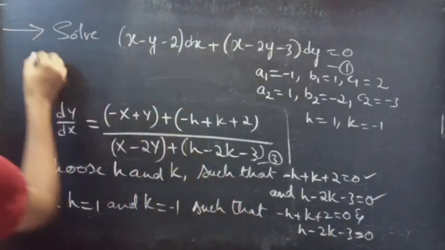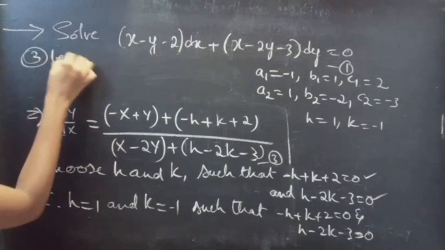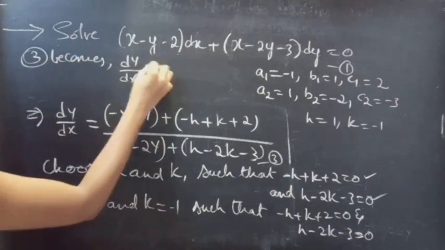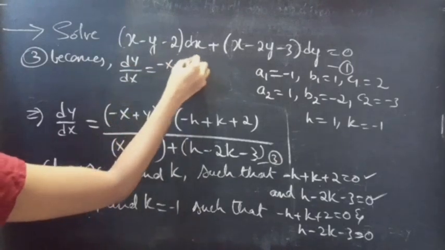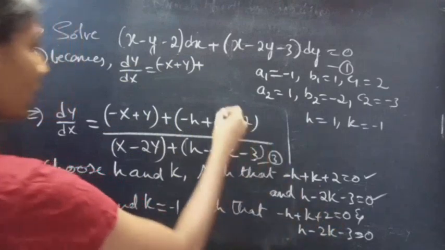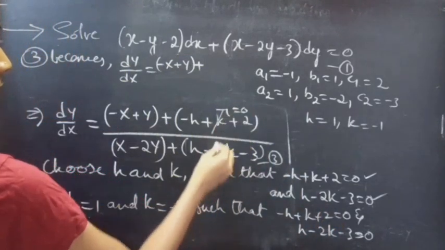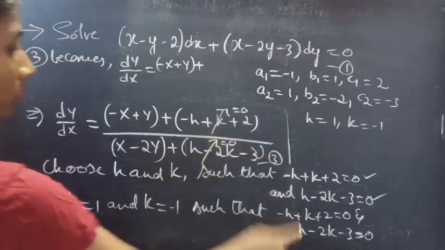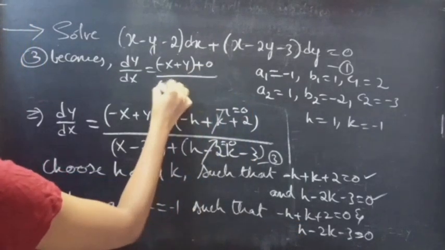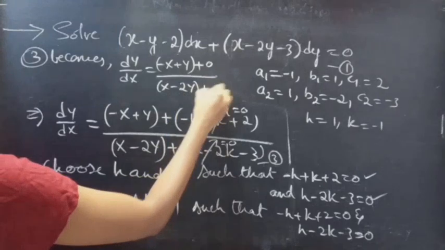Then equation 3 becomes dy/dx = (−x + y + 0)/(x − 2y + 0), where the constant terms in both the numerator and denominator equal 0.